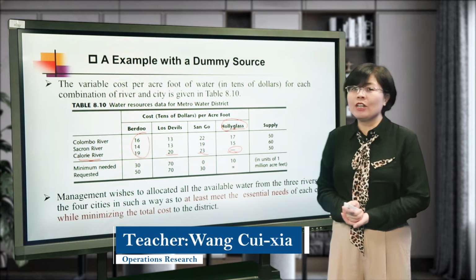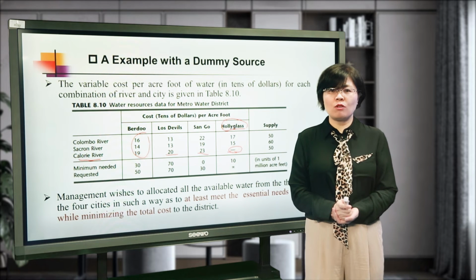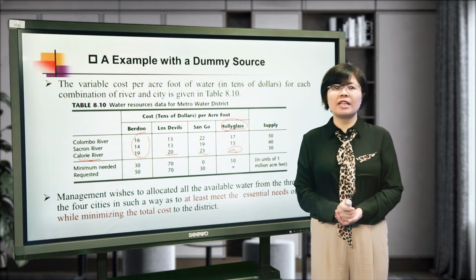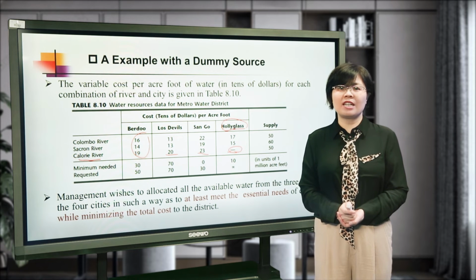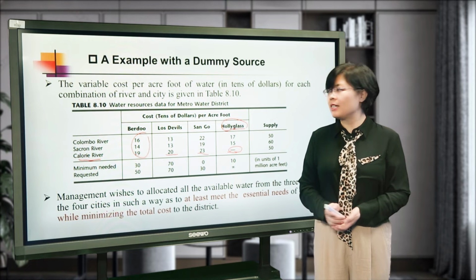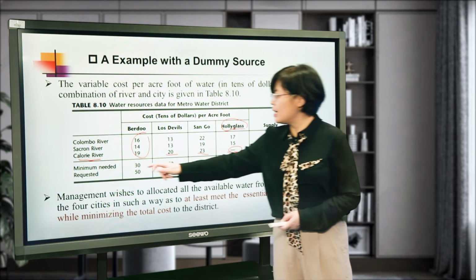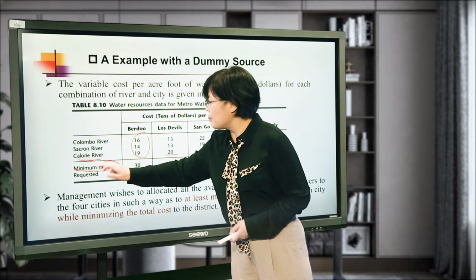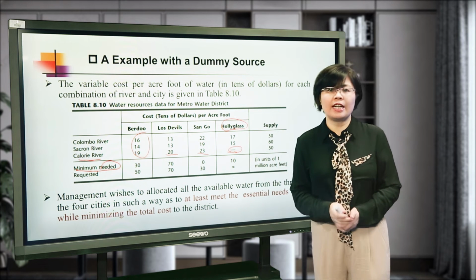Okay, now management wishes to allocate all the available water from these rivers to the four cities in such a way as to at least meet the minimal needs. It means the essential needs.